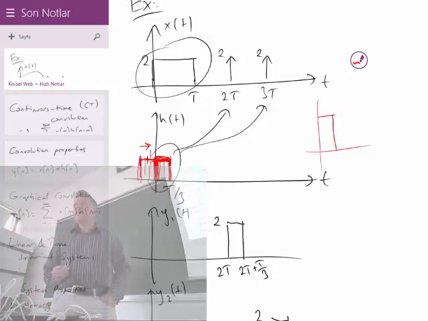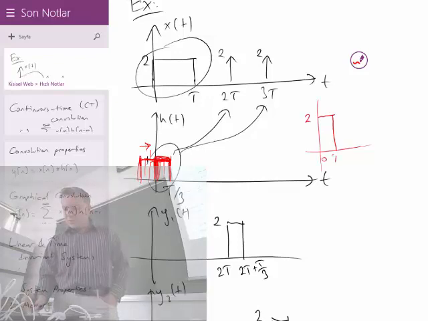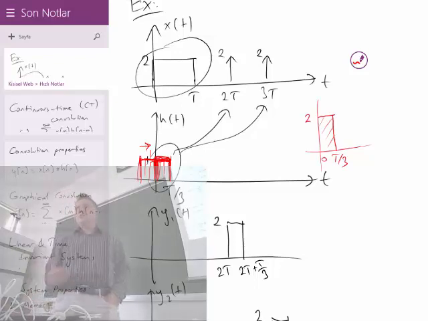A rectangle like this. Is that okay? So the value is 2 and it's from 0 to t over 3. So what is the area underneath? 2 times t over 3. If this thing further moves to the right, it will still be like that.